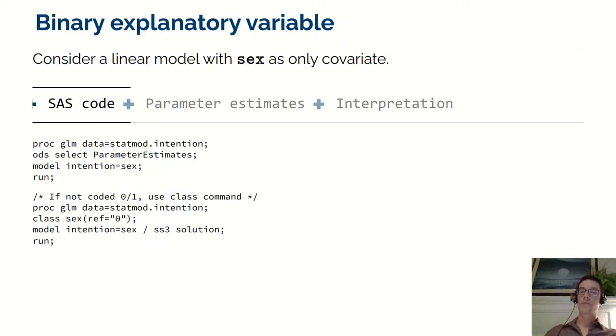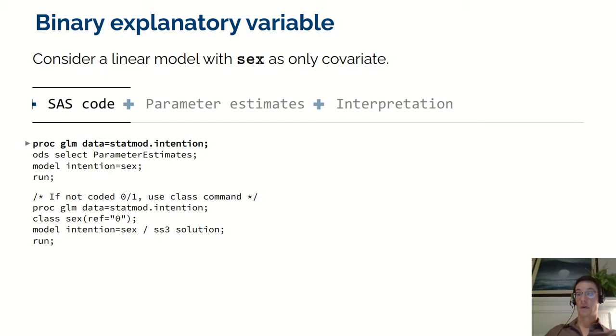So let's consider for now a very simple example to show this fact. Sex is coded 0, 1, so 0 for men, 1 for women. So it's a binary variable, a categorical variable, and I'm going to include it in the model as is. That's what the first chunk of code is doing.